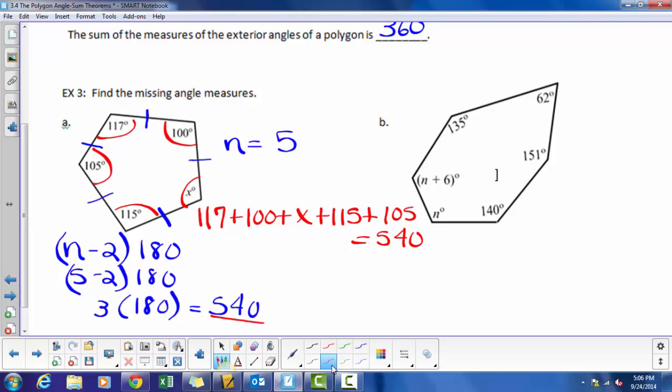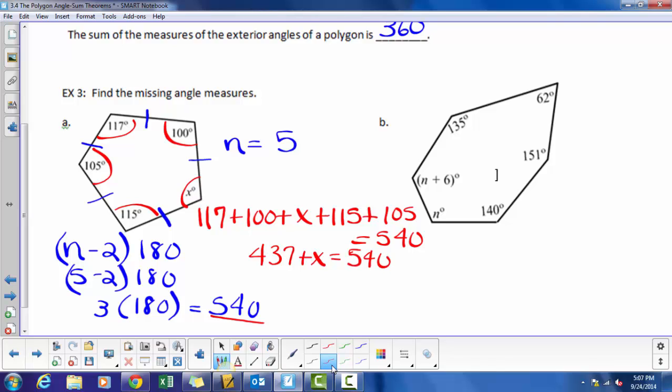I'm going to get out my handy dandy calculator and add them up. So I have 217 plus 220, so 437 plus x equals 540.